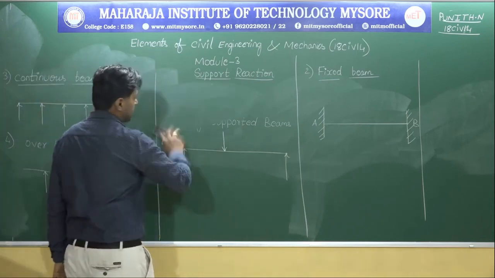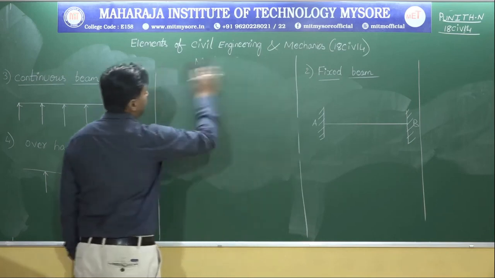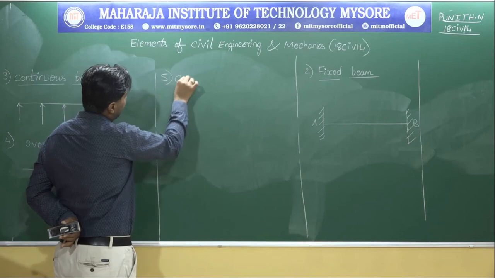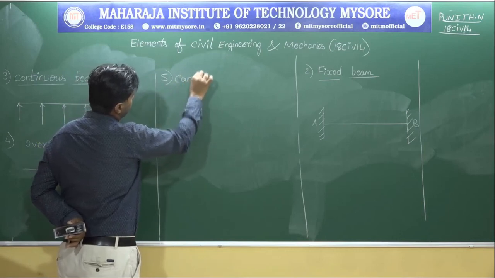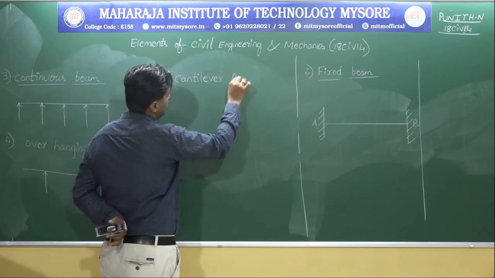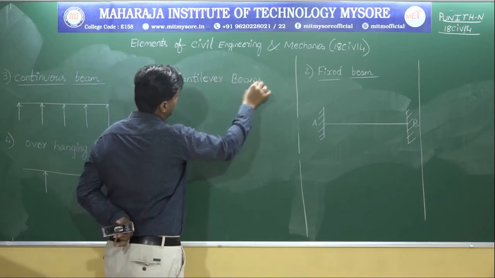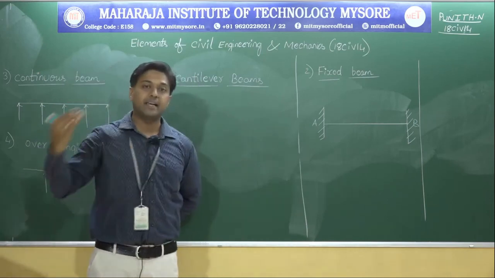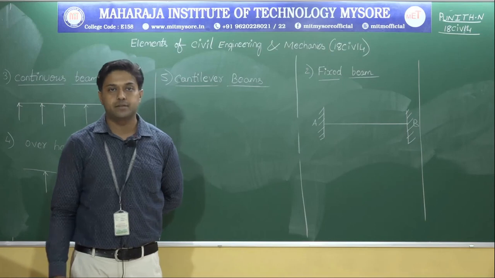Now the last one, the fifth one, is the cantilever beam. These are the different types of beams. Observe here. I think you might have seen the balconies in flats and buildings, right?